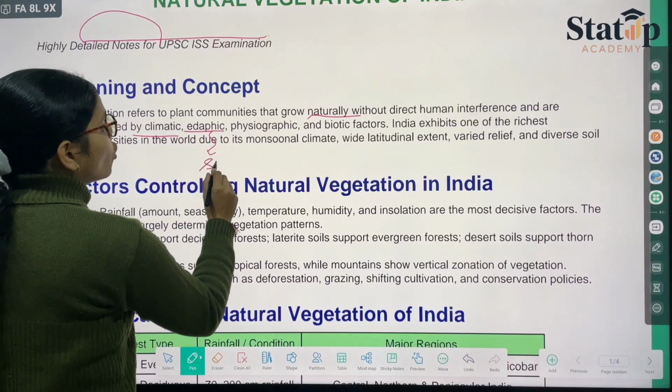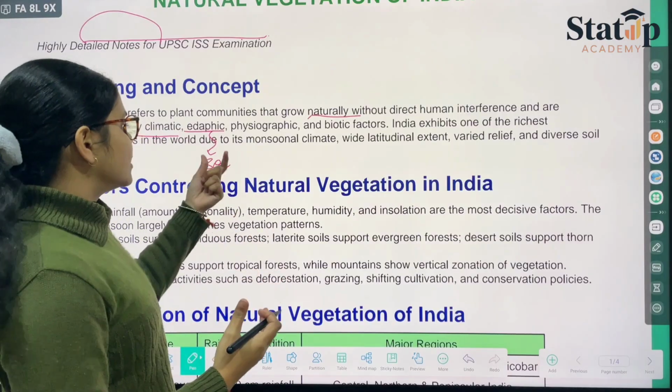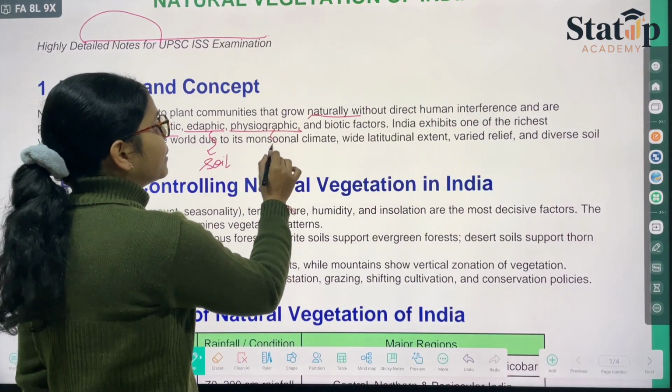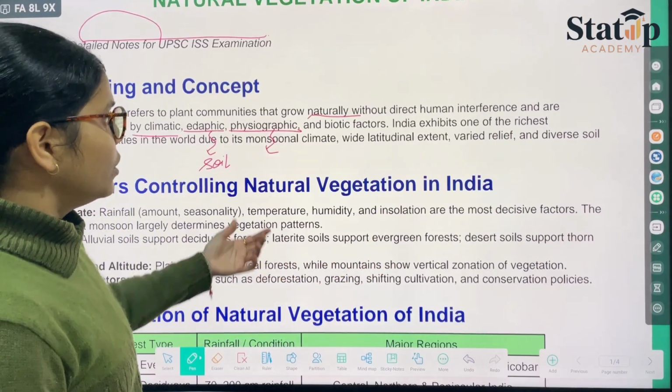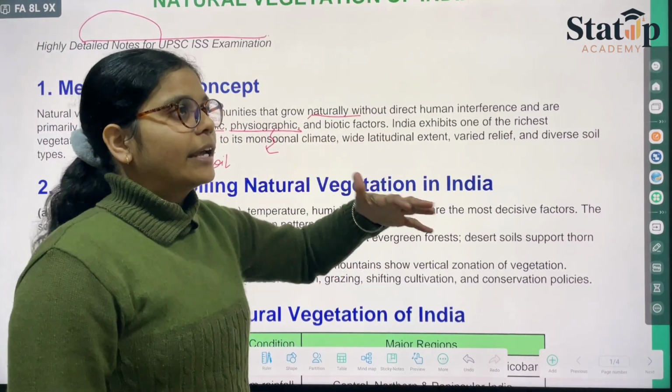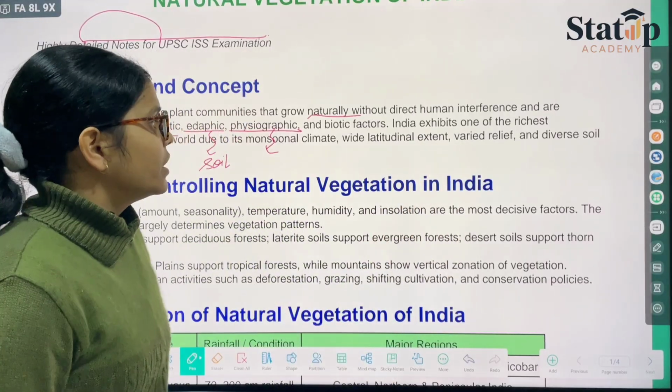Edaphic refers to the soil, the types of rocks and such things. Physiographic means the physical or relief features like mountains and rocks. Biotic means the environment, the air, the water and such things.